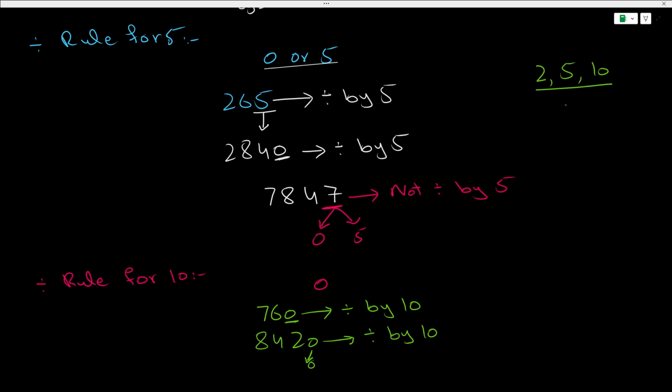The rule is similar for all these numbers. We look at the last digit. In the case of 2, the last digit should be even. In the case of 5, the last digit must be 0 or 5. And in the case of 10, the last digit must be 0.